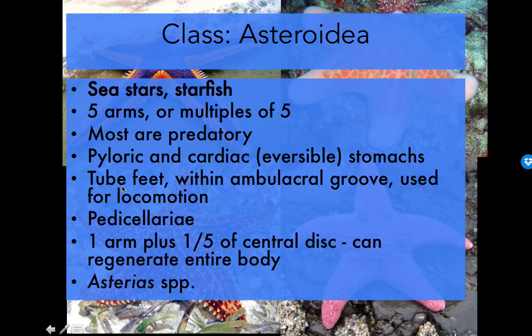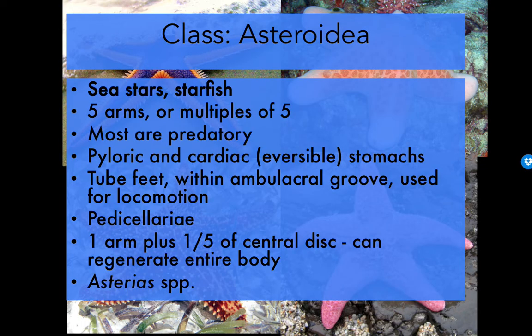Members of the Asteroidea have tube feet, like we saw in the slide with the ampullae in the water vascular system. These tube feet are contained within an ambulacral groove. What does ambulacral mean? Ambulacral means walking, like an ambulance is a form of conveyance.